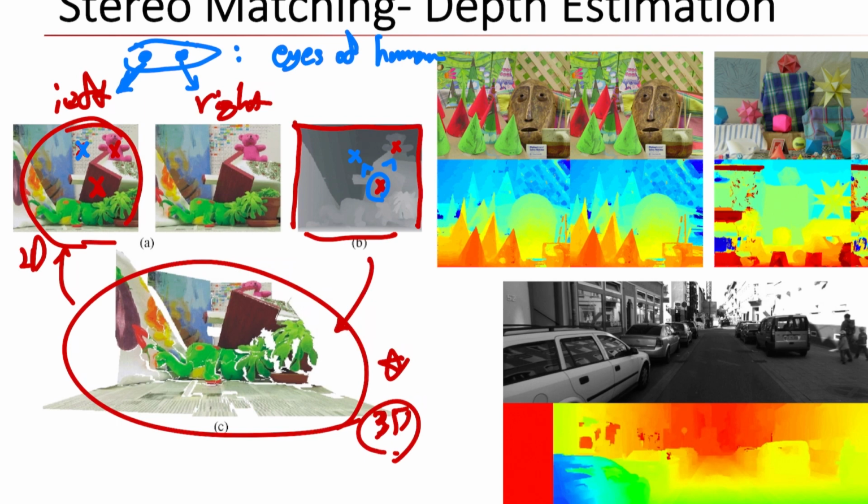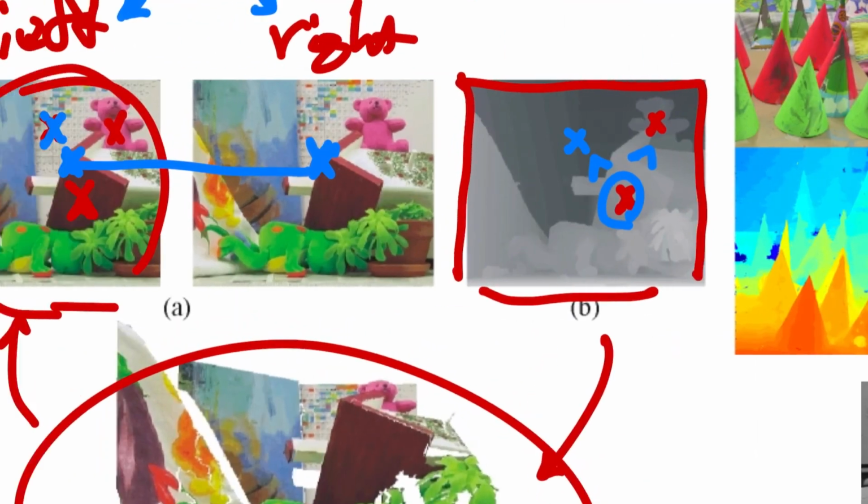And by using these two images, we can measure the similarity between pixels and measure the disparity between the left and right images. As you can see here, if the object is closer to us, the disparity is much larger than the background part, right?